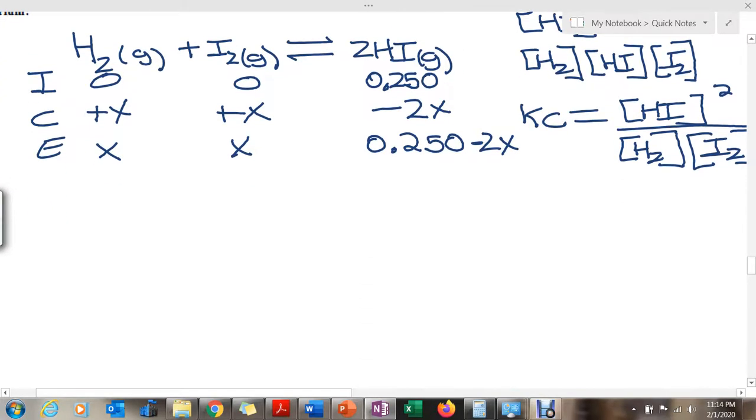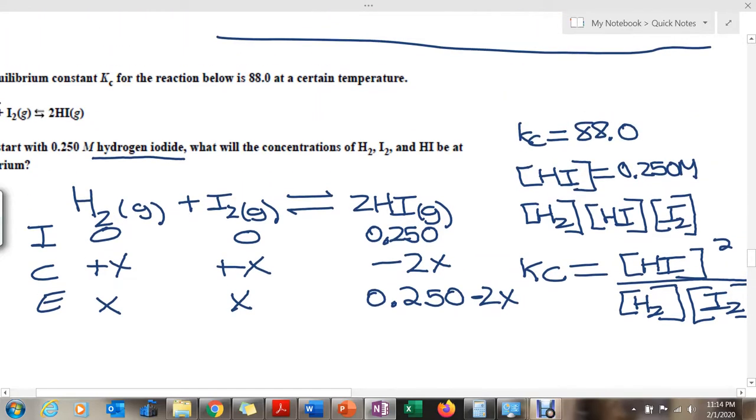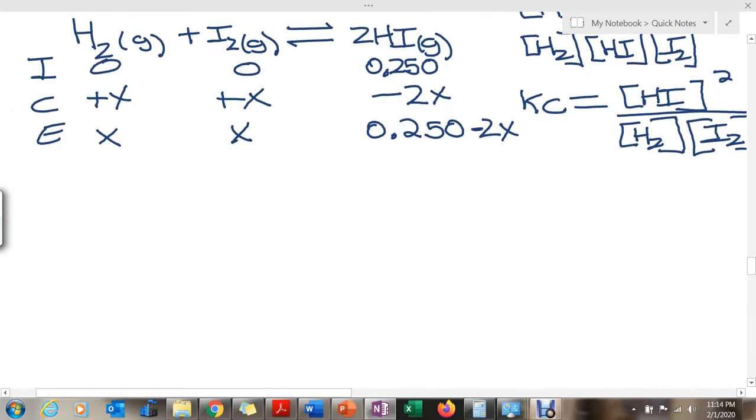So plugging in the x's in the equilibrium expression, we get that Kc, and the Kc we said was 88.0. Remember, we're going to find the concentration of the species in equilibrium.